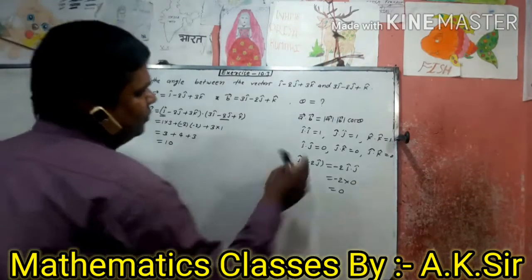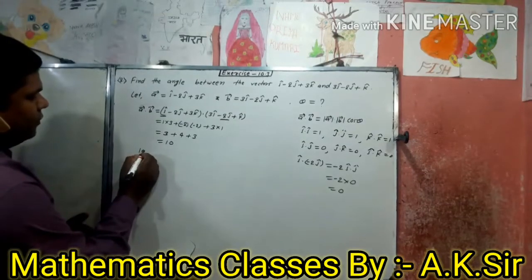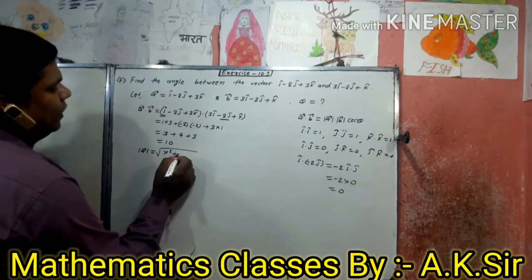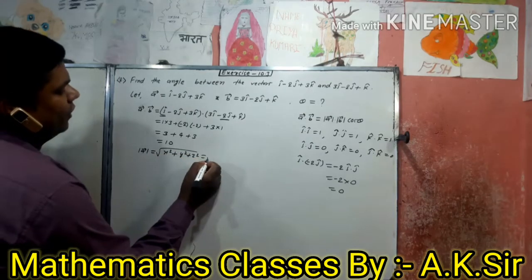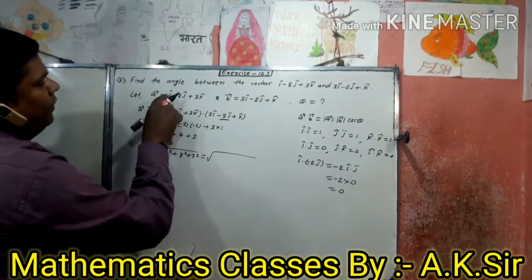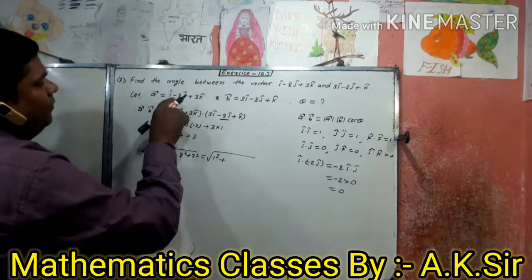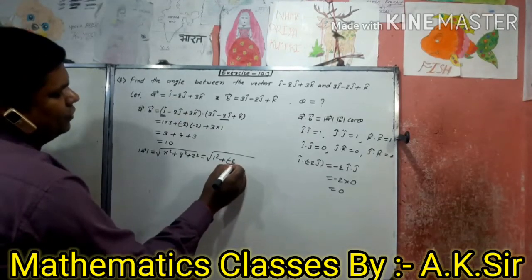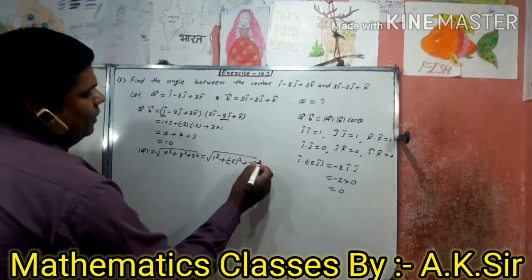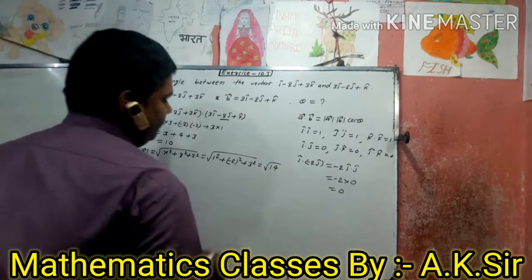We must also find the magnitude of A and the magnitude of B. Magnitude of A is equal to under root x square plus y square plus z square. Here the value of x is 1, so 1 square; y is minus 2, so minus 2 square; z is 3, so 3 square, which is under root 14.